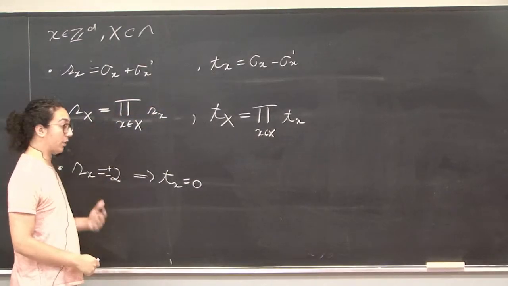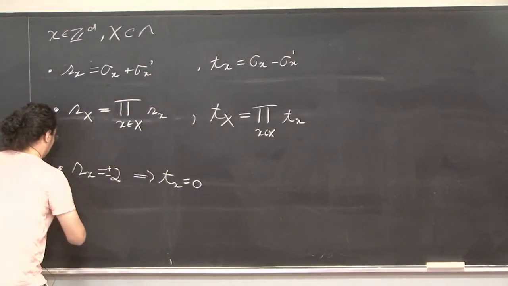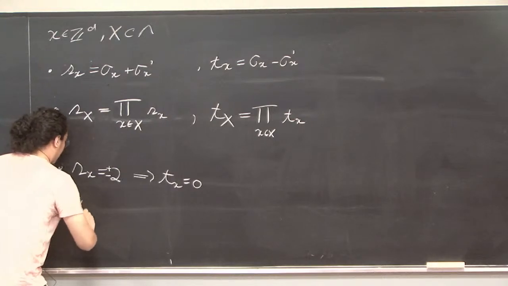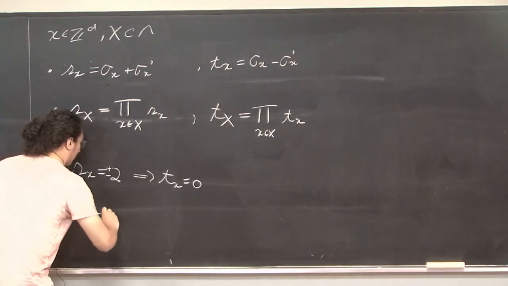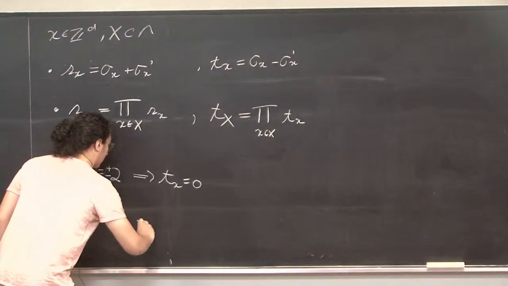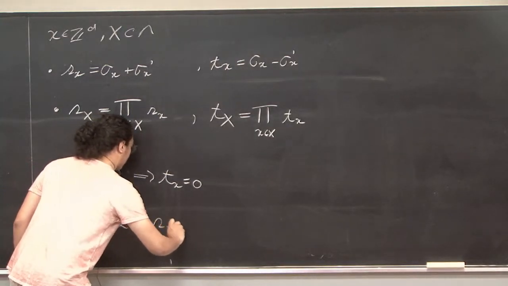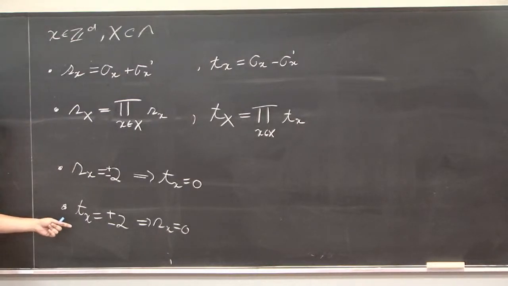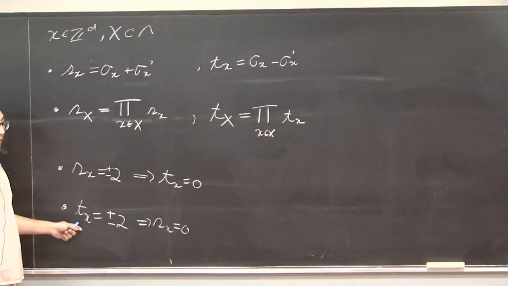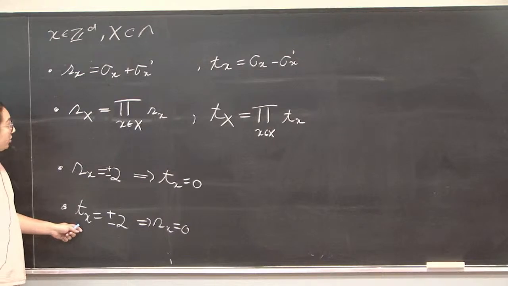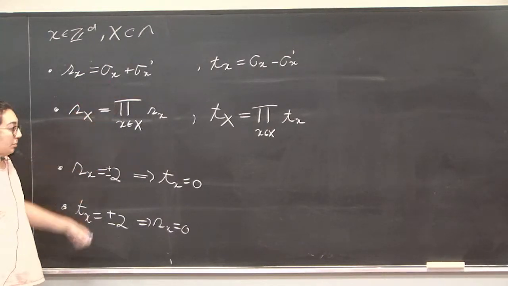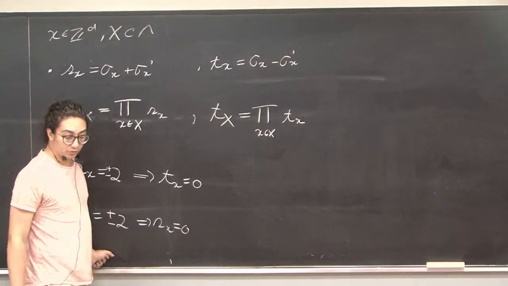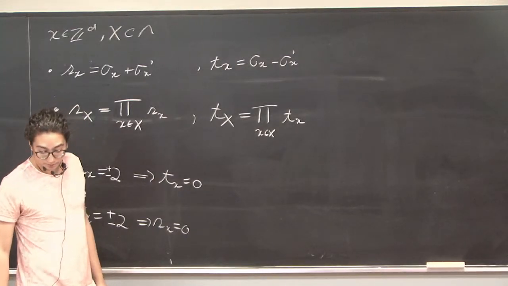And the converse also holds. If T of x is either plus or minus 2, then S of x is 0, because in this case the spins do not match, so the sum is going to be 0. This is actually pretty useful. It's going to be very useful to us.